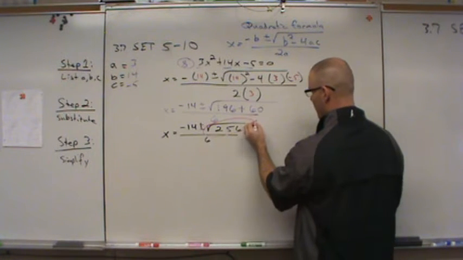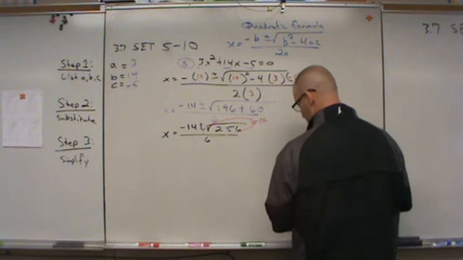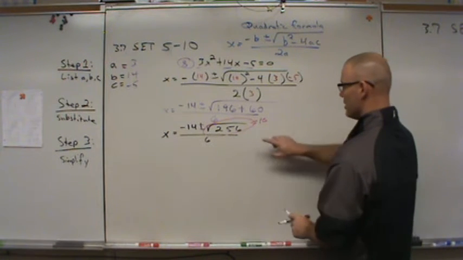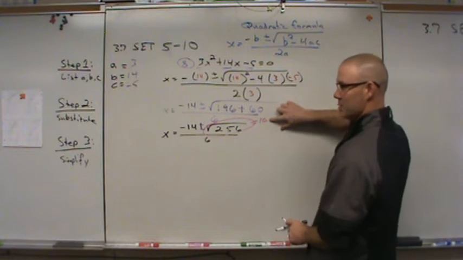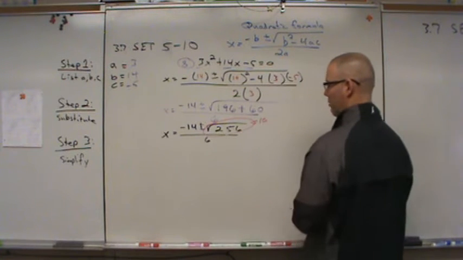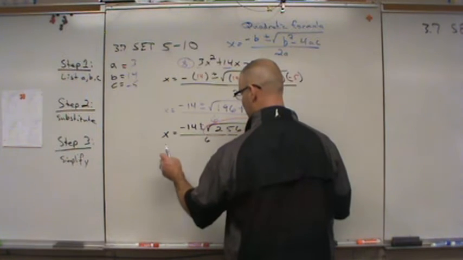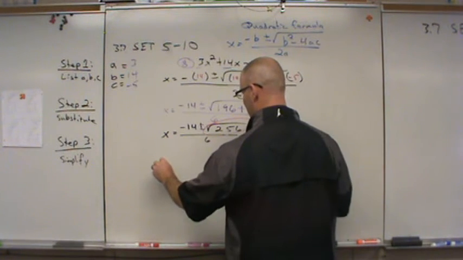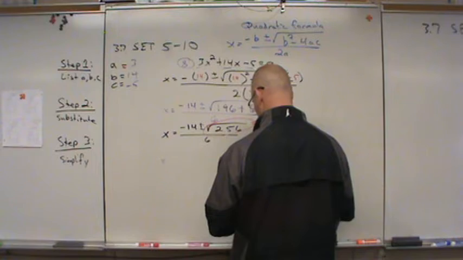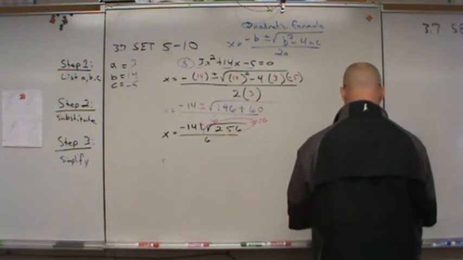In this case, 256 is actually equal to 16. It is a perfect square. It's at this point where if this ended up being a decimal, my answers down here are probably going to be decimals. If this is a whole number, my answers down here are probably going to be whole numbers. And I say probably, and you'll understand why in a few minutes, okay?